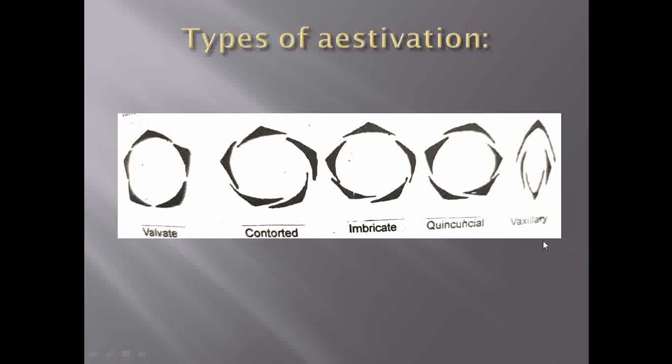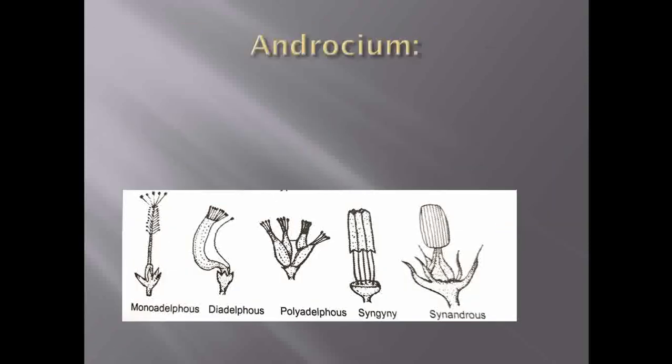While in the vexillary type, for example, family Papilionaceae or the family Orchidaceae, one petal is completely enlarged, and all the remaining are inside that large petal. So this type of arrangement is called vexillary estivation.